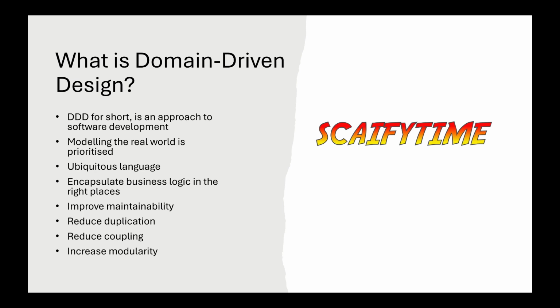One of the biggest benefits of DDD is the use of ubiquitous language. This is a shared vocabulary used across developers, domain experts, stakeholders, and testers. So instead of technical jargon, everyone speaks in business terms, ensuring alignment between code, documentation, and discussions. This helps to reduce misunderstandings and makes it easier for non-technical stakeholders to contribute, leading to better requirements.